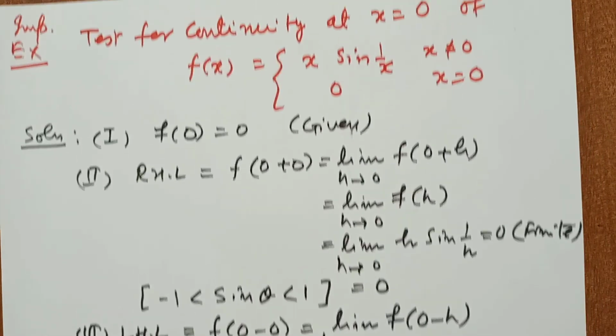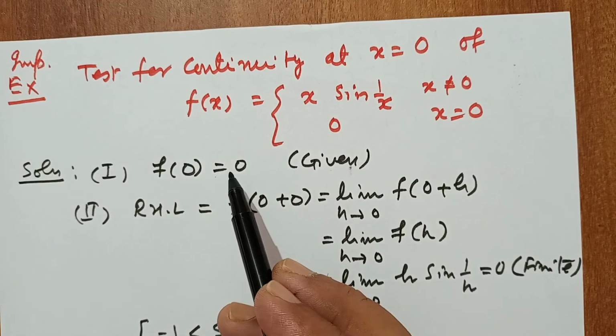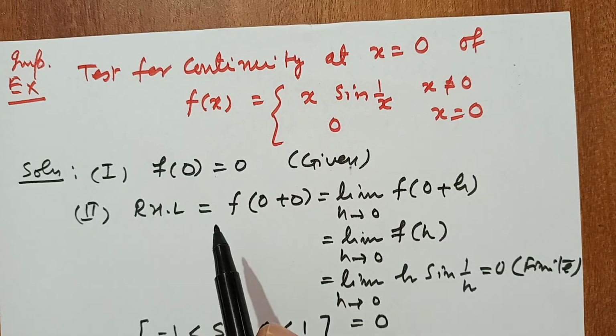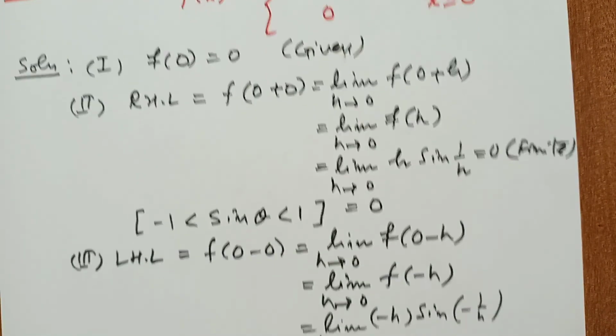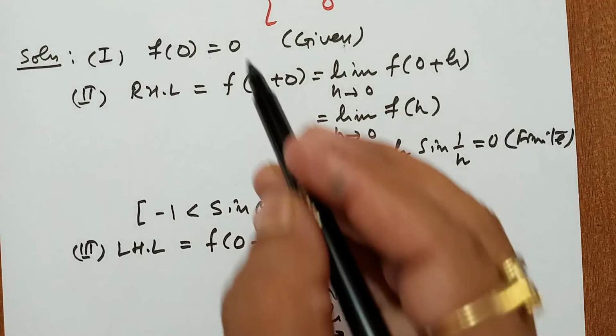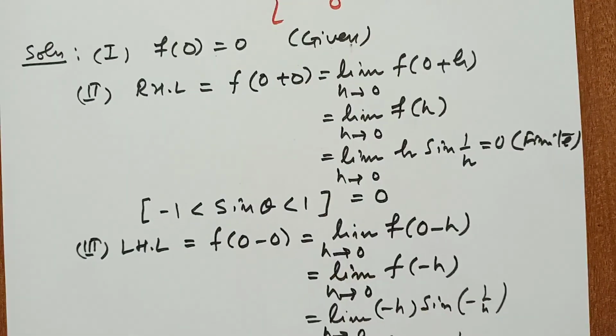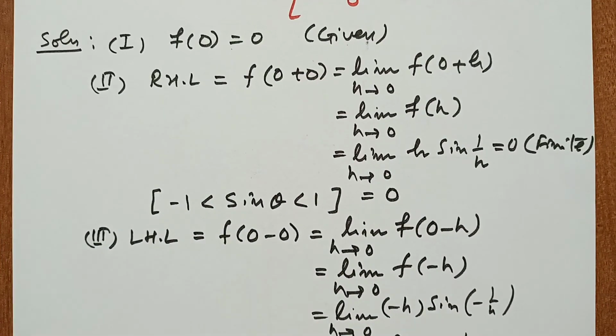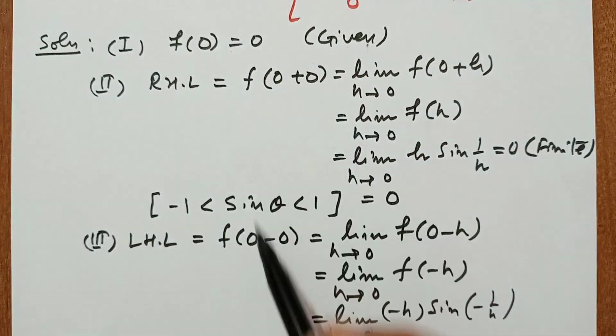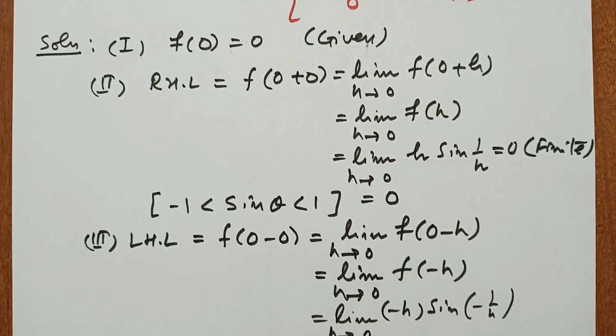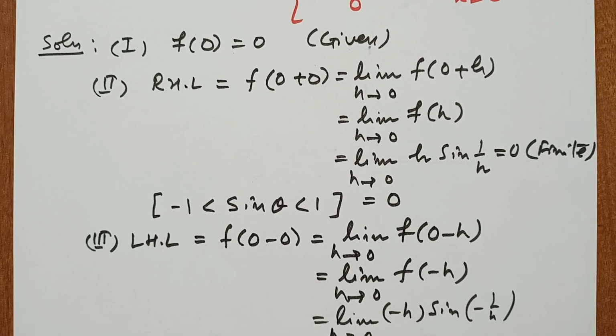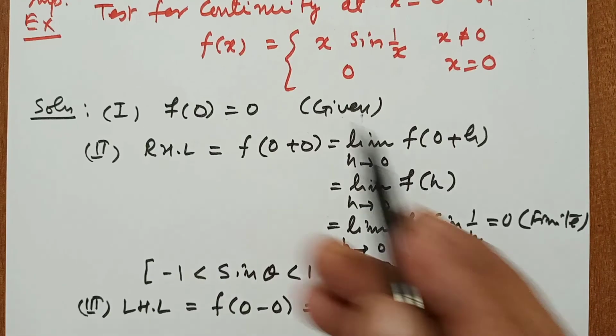First you calculate the value of the function, second the right hand limit, third the left hand limit. If all three things are equal, then our given function is continuous. Okay, and if in the three cases any one is not equal, then the function is not continuous. Okay, so you can solve so many problems by the given definition.